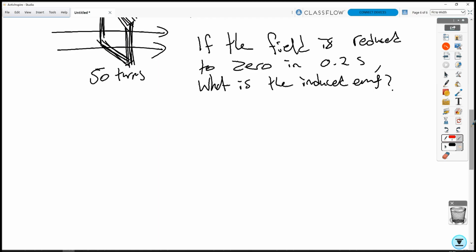So first we find n delta phi. So n delta phi is going to be equal to the original minus what it ended up becoming. Or the final minus the original, rather.